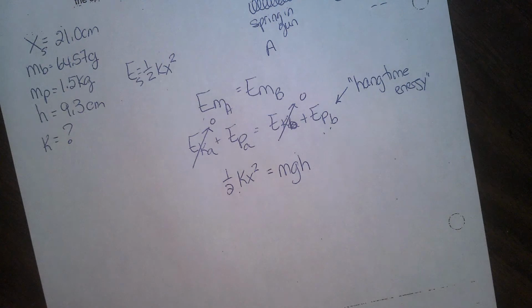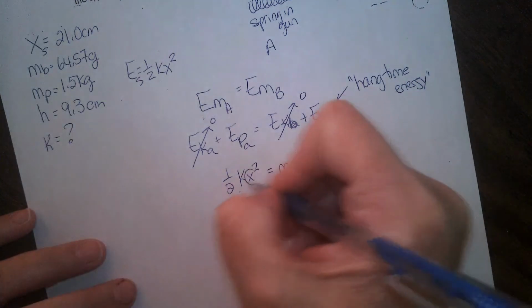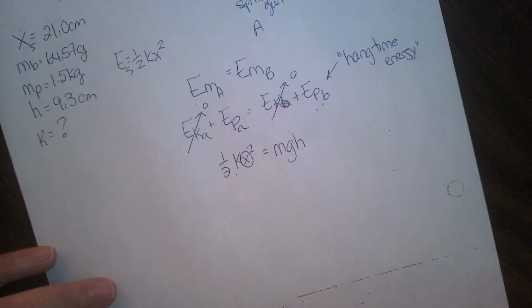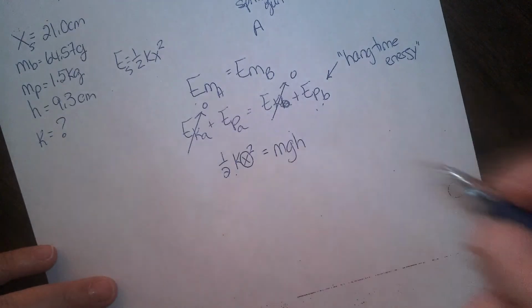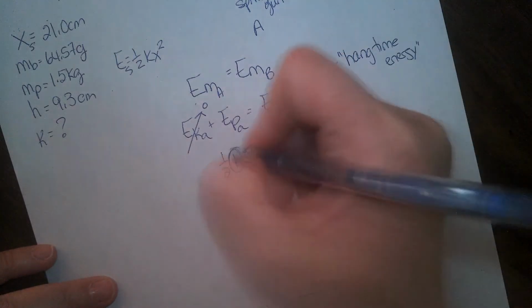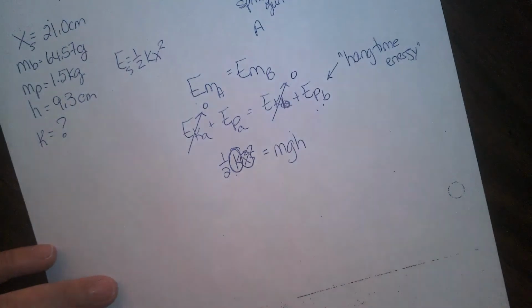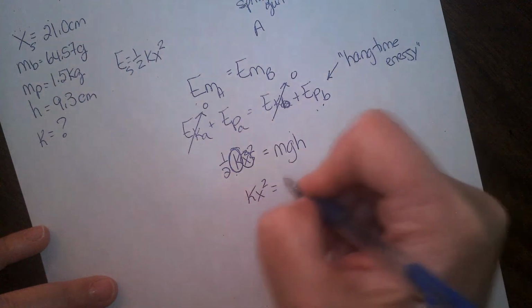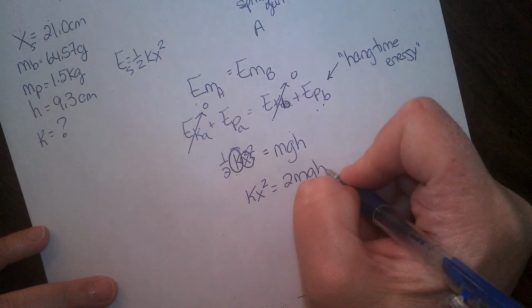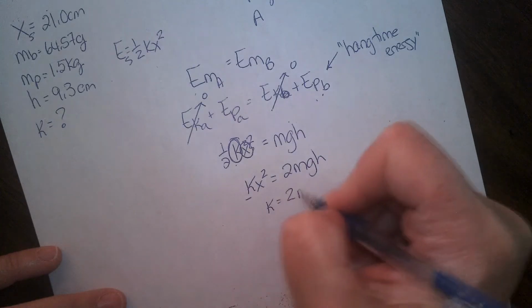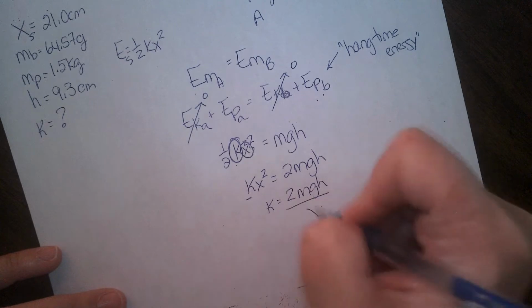Two relationships, and we're asked to solve for k. The first way to do it is to move the 2 out of the denominator. Oh, sorry. Okay, you're right, Daniel. The first thing we have to do is move the 2. So we're going to get kx squared is equal to 2mgh. We're isolating for k. We're going to get 2mgh divided by x squared.